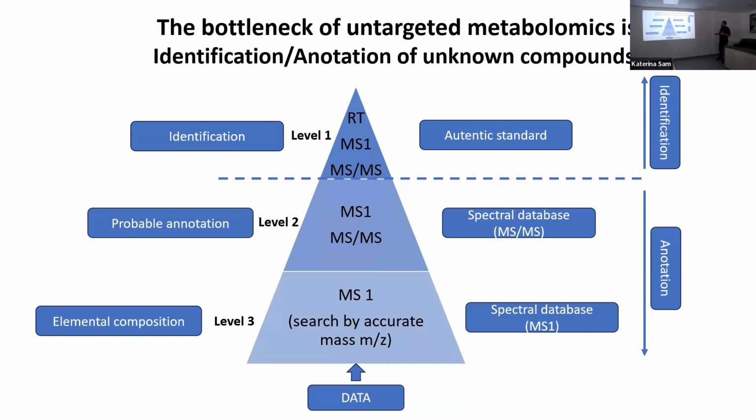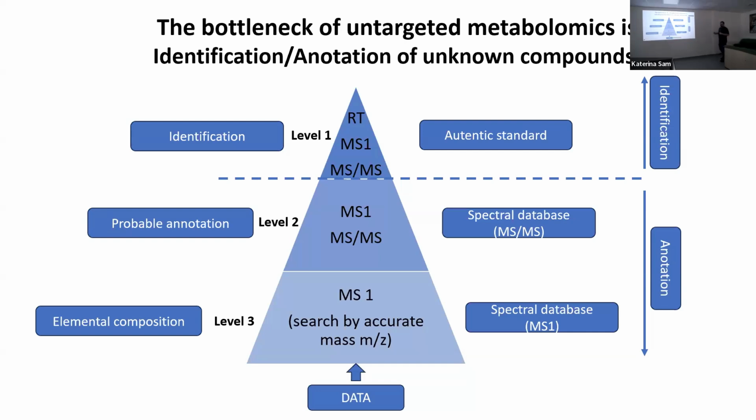If we have the MS/MS spectrum, the fragmentation spectrum, I have the next information. The MS/MS spectrum of sarcosine and alanine is different, but it's not different if I compare alanine and beta-alanine. And still I don't have the information for identification, only for annotation, and there is a big difference between identification and annotation.